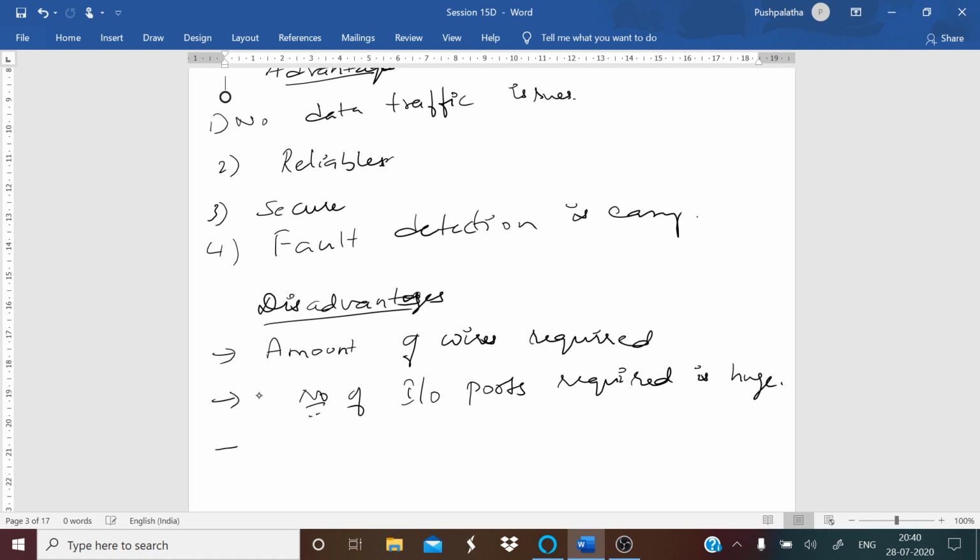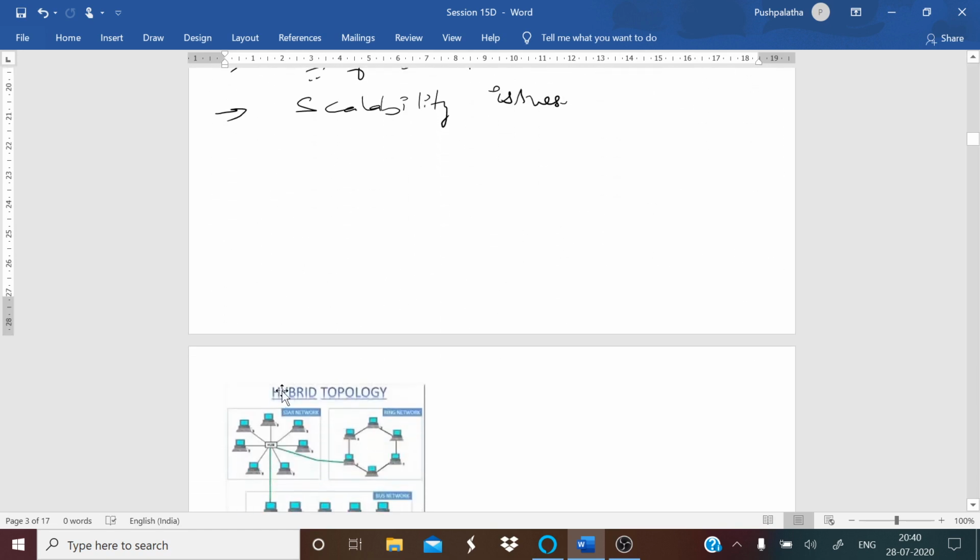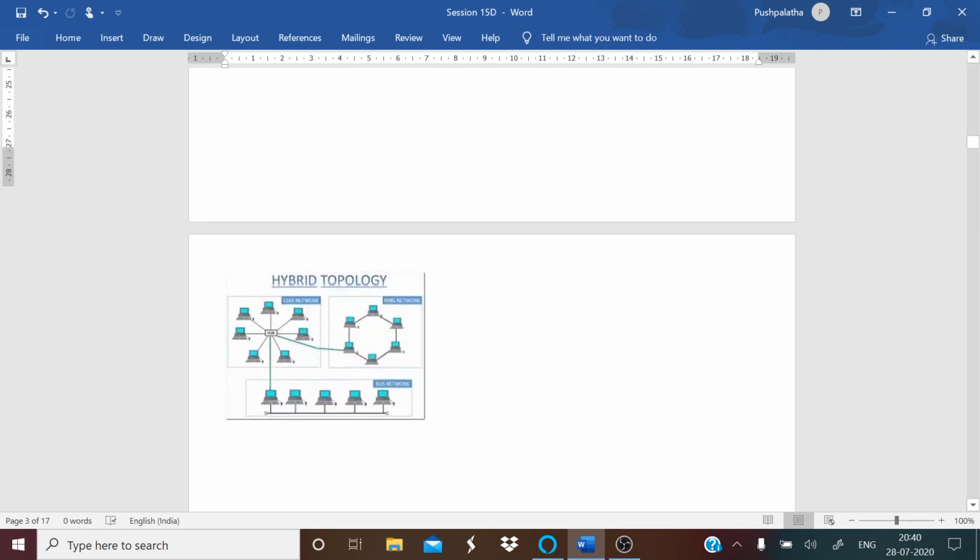That is, more number of IO ports will be required. Then a device cannot be connected with a large number of devices with a dedicated point to point link. We call that scalability issues. That means if there are more number of computers, then again wiring becomes a problem. These are the disadvantages of your mesh topology.